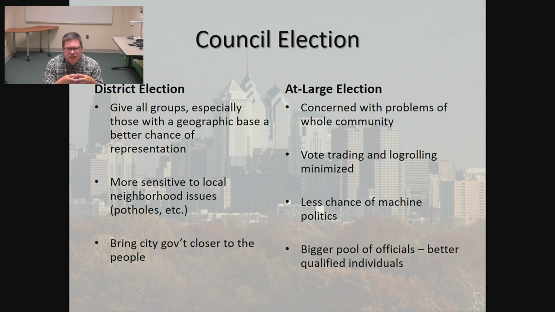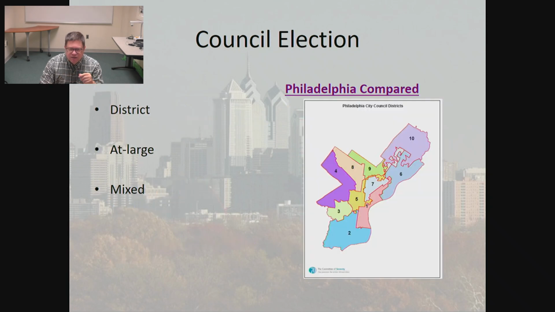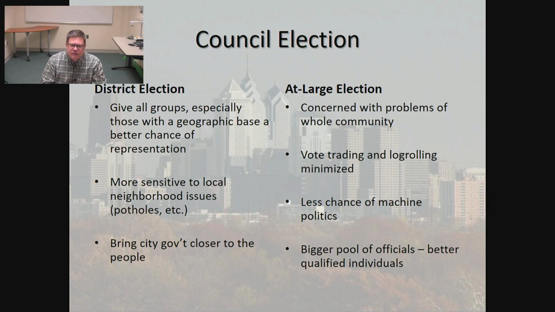And that voice might not be heard in the form of at-large elections. Again, taking a look here, you might have a little enclave of certain ethnicities that are in District 3, and there are not enough people to be able to make a voice citywide, but if they've got one representative, somebody's listening to them.